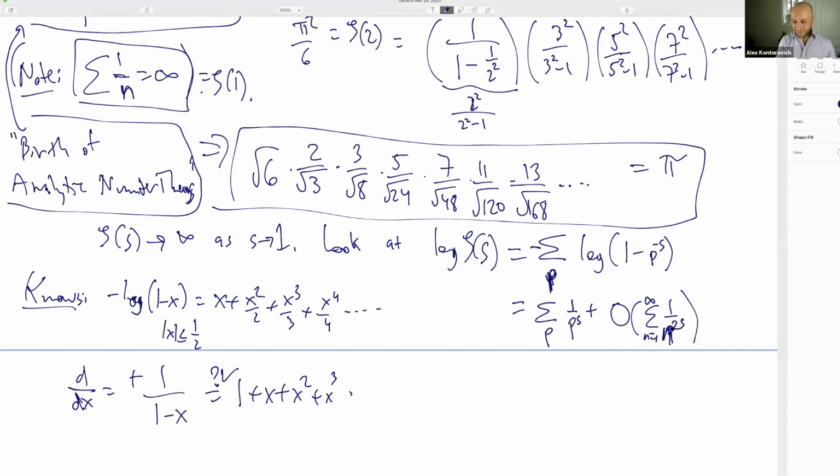Maybe I start at 2, just to make sure I get a little bit of savings in these powers. Should I work out this error term more precisely, or do you believe me that this error term is bounded, basically? Everything that's here is big O of 1.